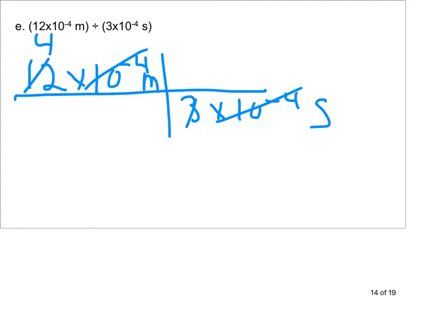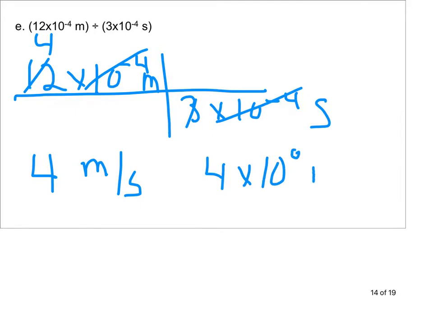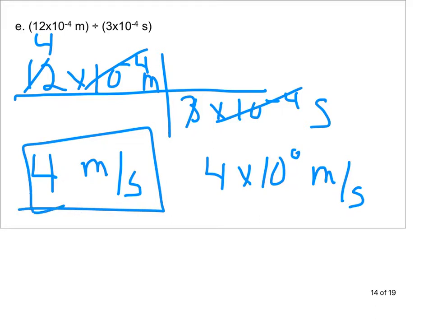So this one's going to be 4, and it said put it in scientific notation. I would just leave it 4 meters per second. With the 10 to the 0, we don't necessarily have to write that. If we did want to write it out in complete scientific notation, it'd be 4 times 10 to the 0 meters per second. I like this answer better. But either would be okay.